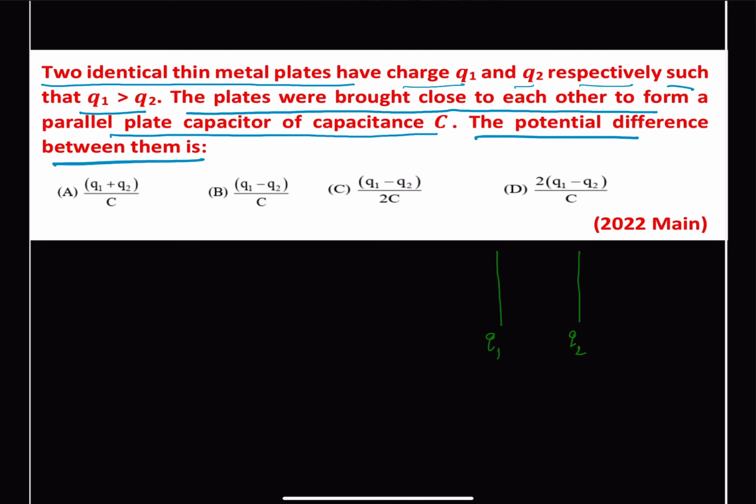So therefore we can say that effectively one plate is going to act as positive and another plate is going to act as negative. And this effective charge distribution is going to result in the electric field and hence the potential difference.